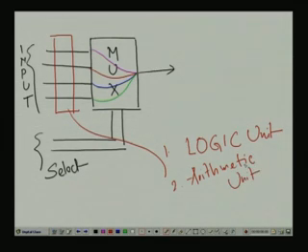Now, as we have already read, instead of a larger multiplexer, we can design a larger multiplexer using a smaller number of small multiplexers. In that way also we can design this logic unit and arithmetic unit using multiplexers.